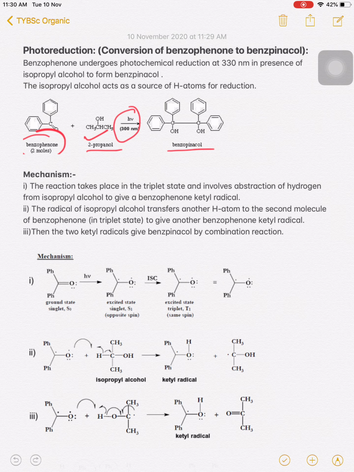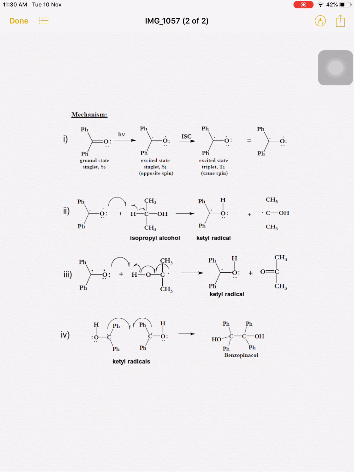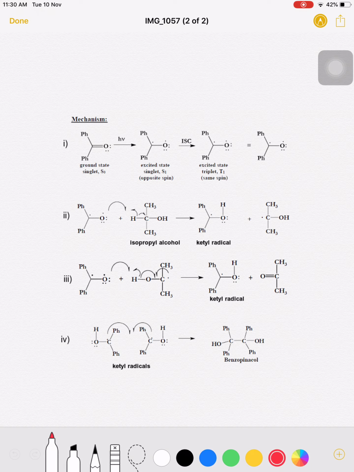In the first step, benzophenone abstracts a proton from isopropyl alcohol and is converted into a ketyl radical. In the next step, the isopropyl alcohol radical transfers another hydrogen atom to the second molecule of benzophenone in the triplet state to give another ketyl radical, and then these two ketyl radicals give benzpinacol by a combination reaction. I will explain what exactly this mechanism statement means.